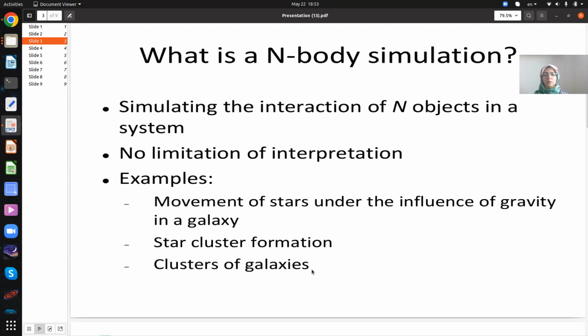We can have it in star clusters or in other sciences. We can use the n-body simulation.